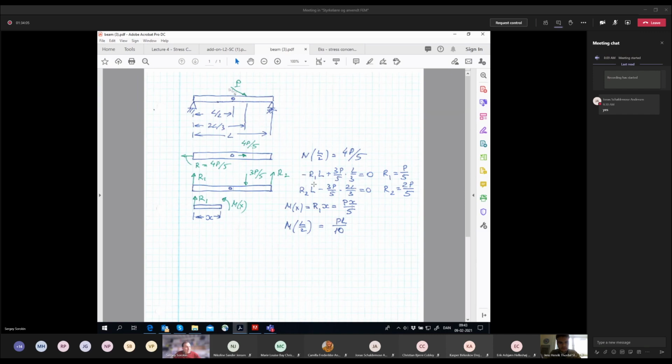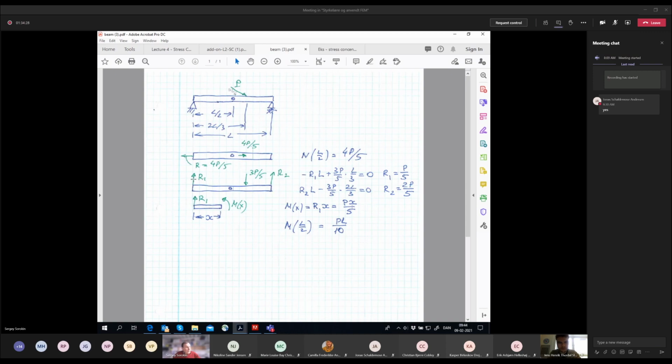And here, a very good way to do it is to use the equations of moments to find these forces independently, and then take the sum of the forces as a sanity check. So first I say that I have the equilibrium around this point.